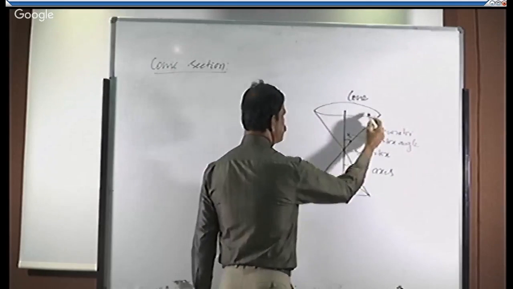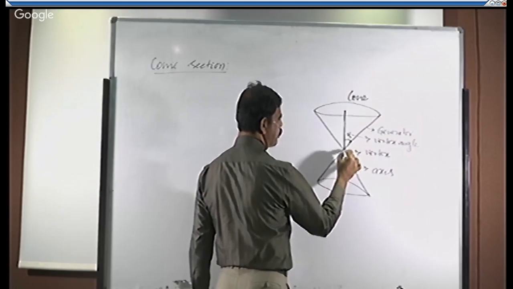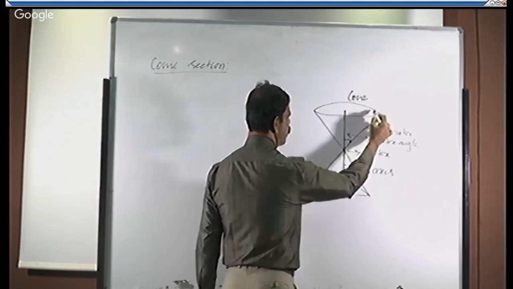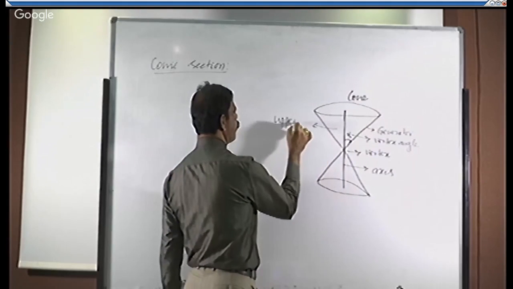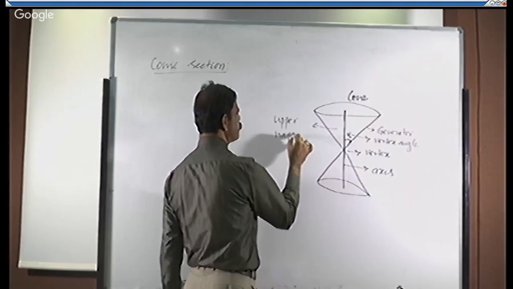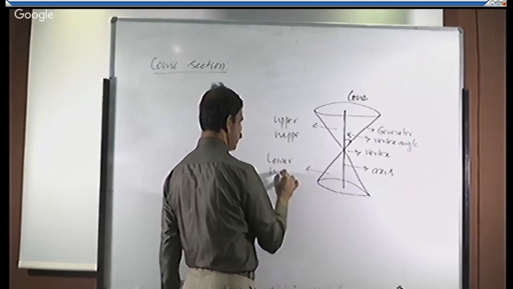The two cones are separated at the vertex. This upper portion is called the upper nappe. This is called the lower nappe.